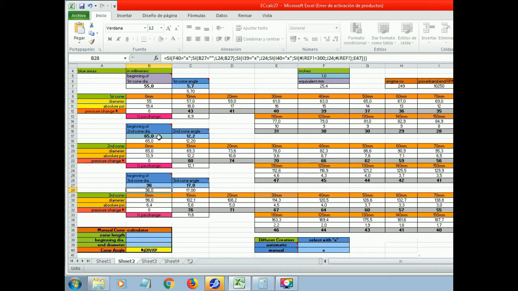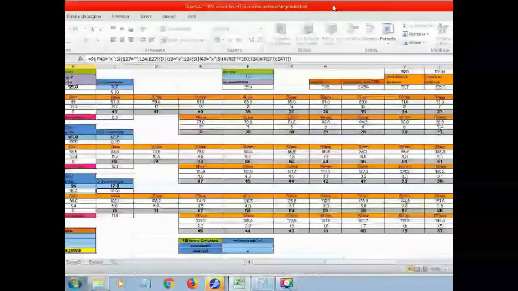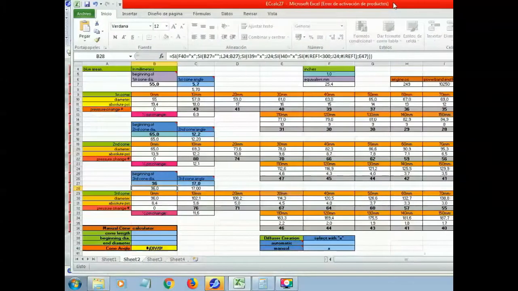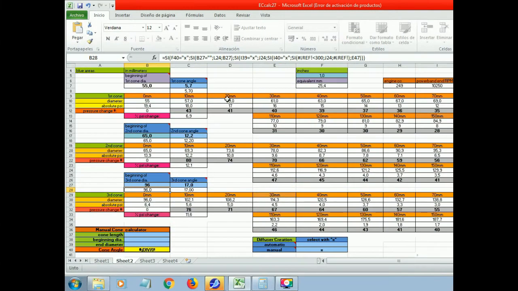So for 100 millimeters on the first cone, you can't see it, it's off screen, but let me see if I can move this. It's right here, 75 millimeters. And he's saying it's 65, which is not right. So I'm going to just say that his angles are off.